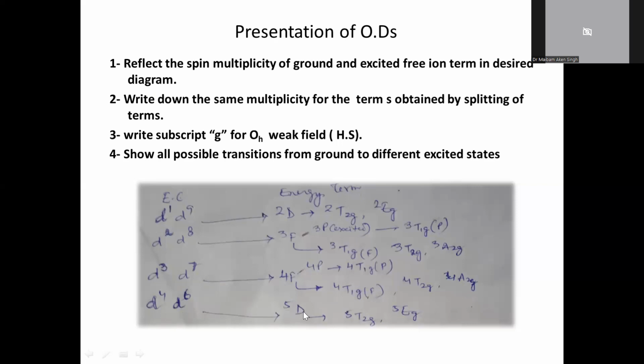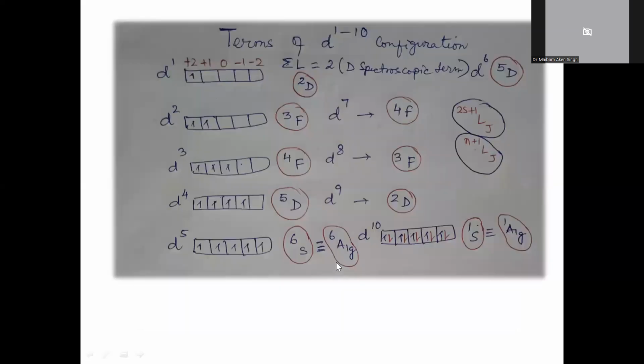That is why 5D. It reflects 5, so 5T2G and 5EG. Now the term of the D1 to D10 configurations. Let us learn. This is for D1, just reflecting the orbital electronic configuration.